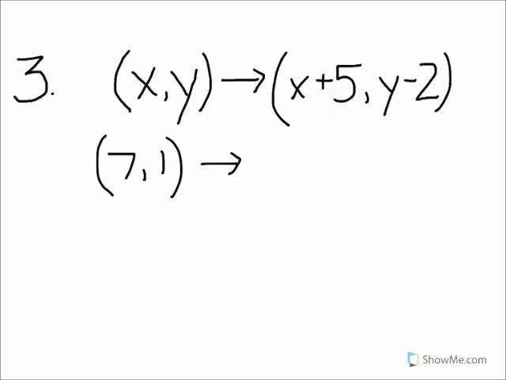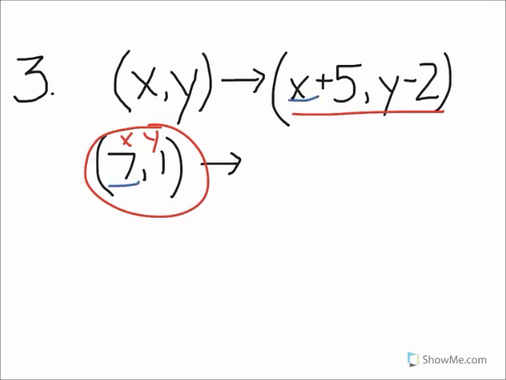For problem number 3 of the warm-up, we're going to practice coordinate rotations. We're going to get the point 7, 1 and put it through the coordinate notation x plus 5, y minus 2. Since this is the x value and this is the y value, we're going to plug 7 in for x and 1 in for y.